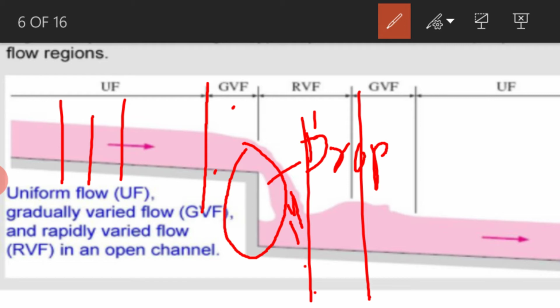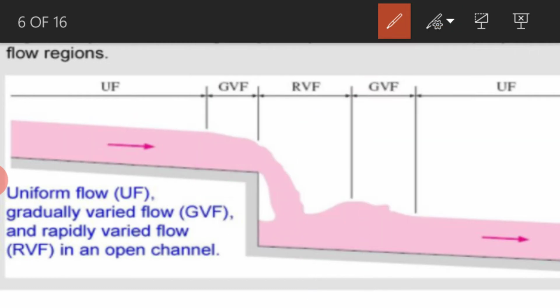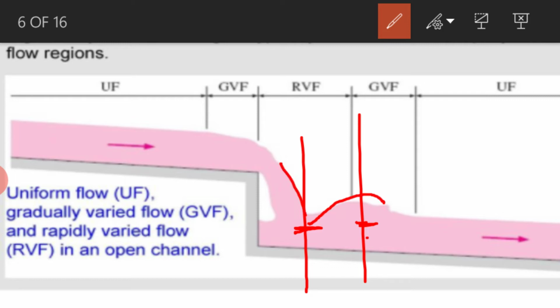If you take section 1, 1 and section 2, 2, you can observe the depth is less here and the depth is more here. And between these two sections, whatever the flow condition is there, this flow condition we call a rapidly varied flow, and also this particular condition we call a hydraulic jump. And about this hydraulic jump we'll discuss later.